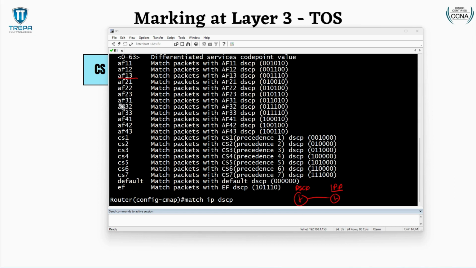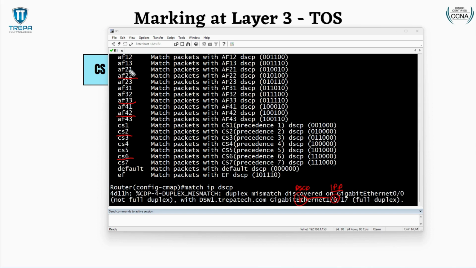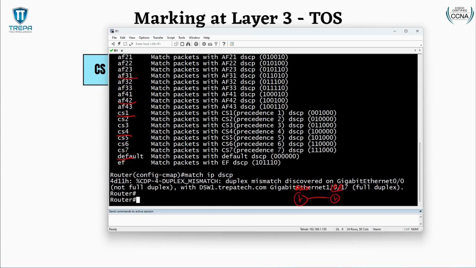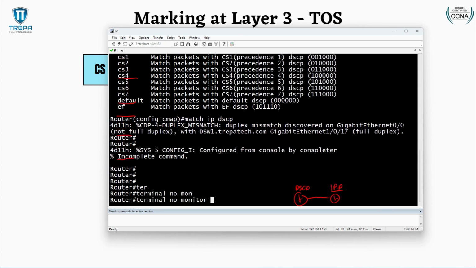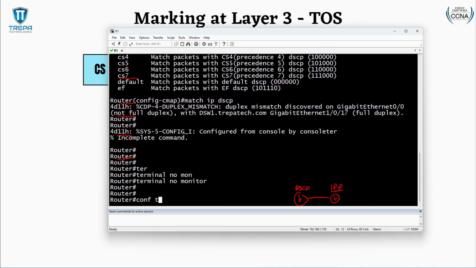I'm going to cut this off like this. Stop it right here. When we look at these AF bits, oh, that's going to mess us up. This CDP mismatch. Let me fix this real quick. I believe that should be it.